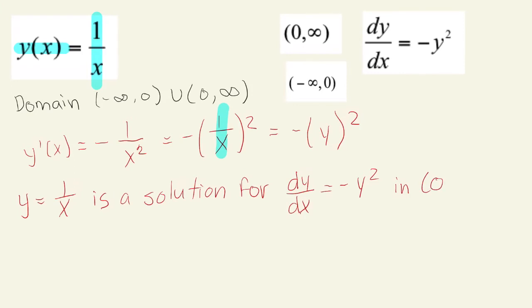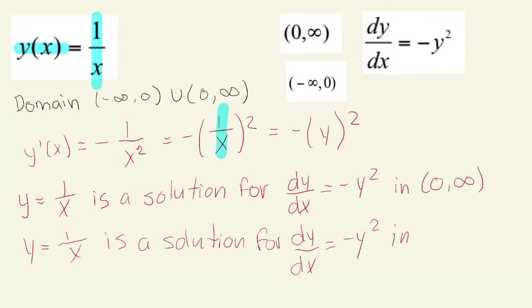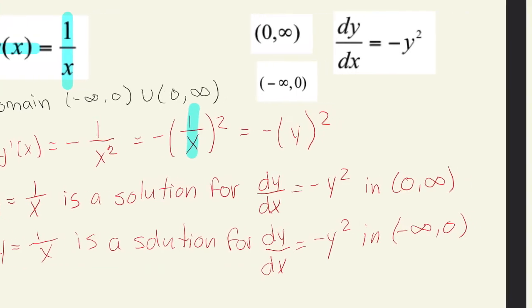But we have to take into consideration that it is not a solution at all points. It's only a solution from 0 to infinity and from negative infinity to 0.